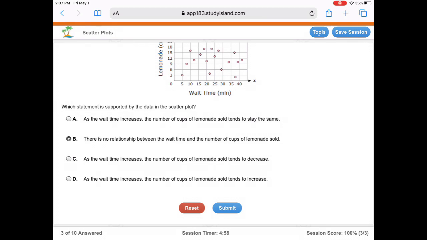Your hair length has absolutely nothing to do with your grade in math class, so you would likely see a scatter plot like this. So scatter plots are useful for seeing if there is a relationship, and then if there is a relationship, what kind of relationship. Sometimes there isn't one, and that's what we have in this situation.